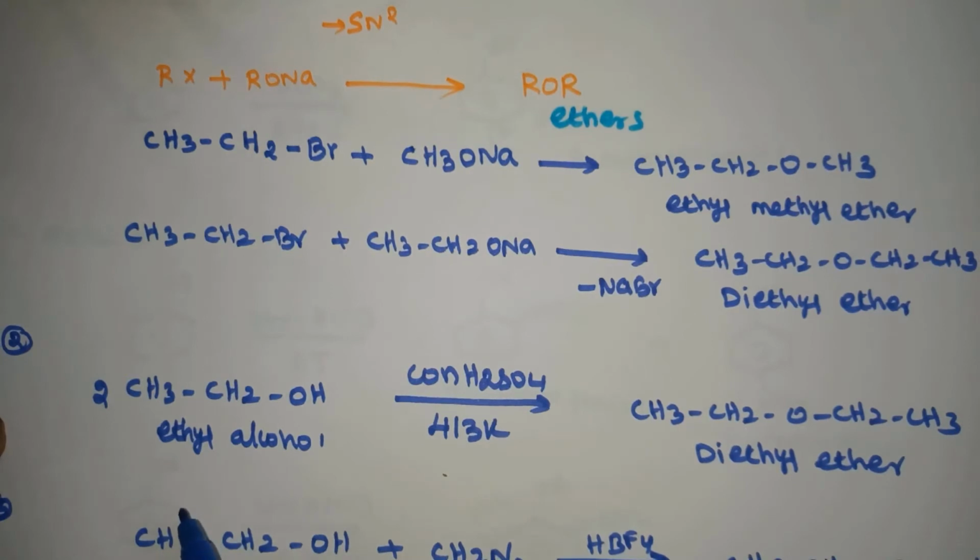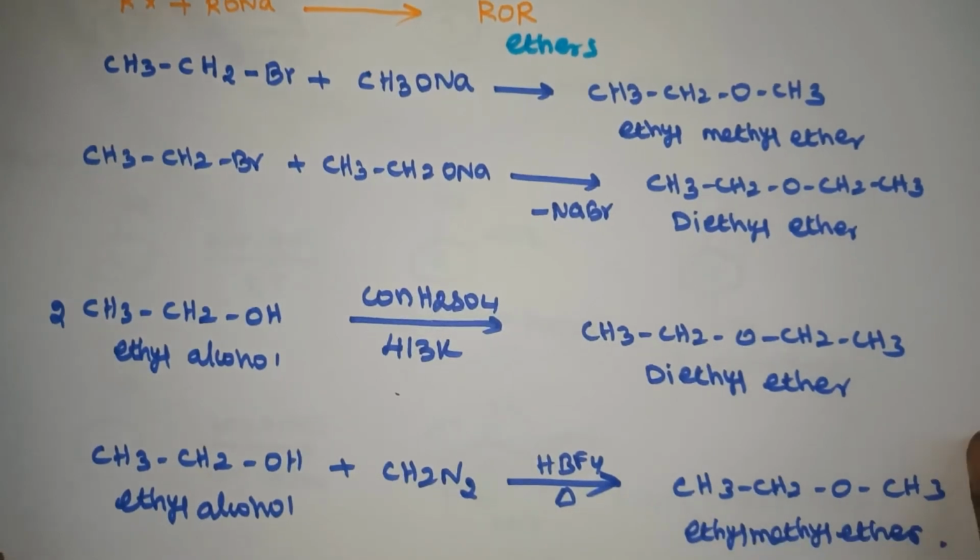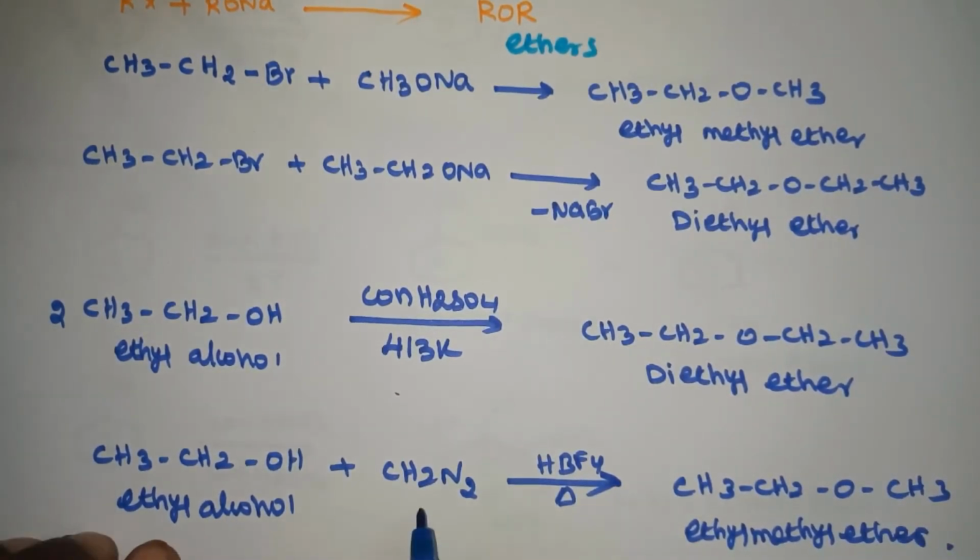Second method, intermolecular dehydration of alcohol: when ethyl alcohol is heated at 413 Kelvin in the presence of concentrated sulfuric acid, diethyl ether is formed. Next, when ethyl alcohol is heated in the presence of fluoroboric acid with diazomethane, ethyl methyl ether is formed.